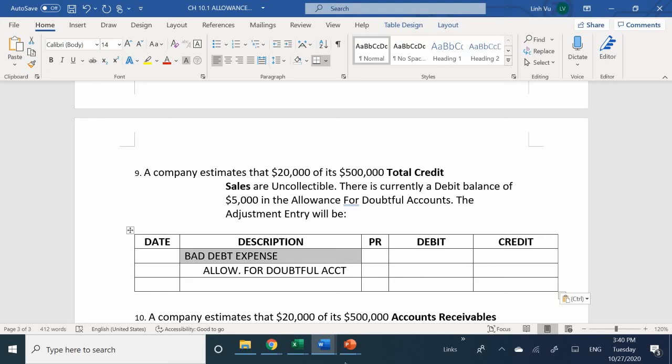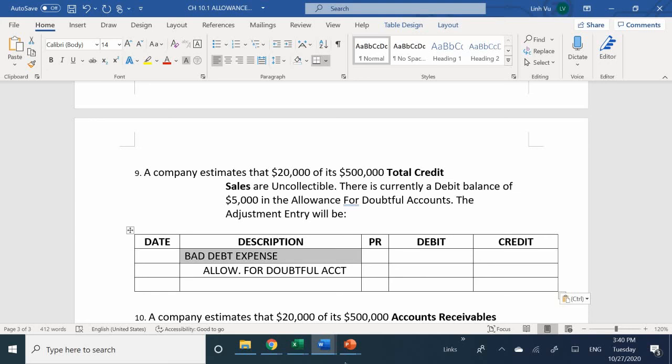Okay, so let's see here again. Is it 25? Okay, let's look at it carefully. What's the estimated amount?